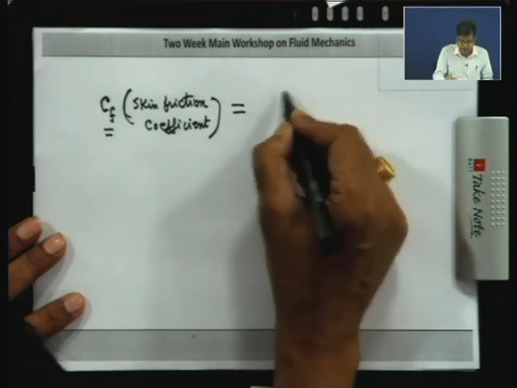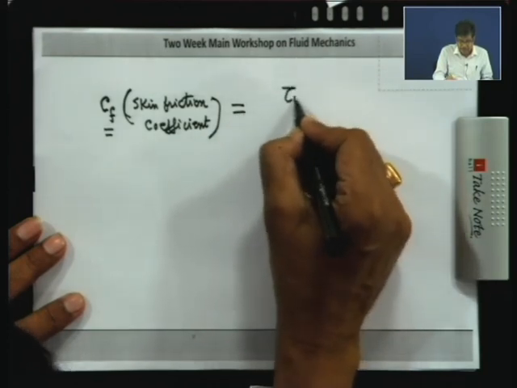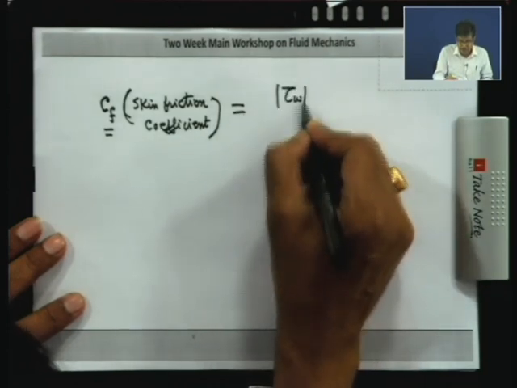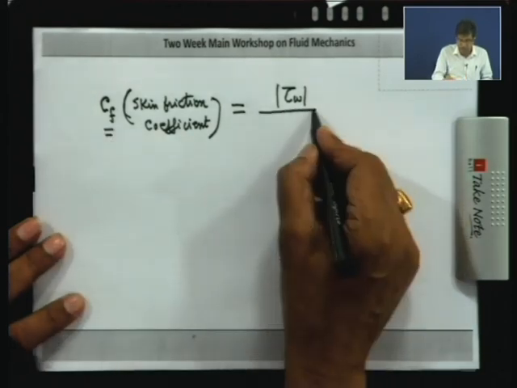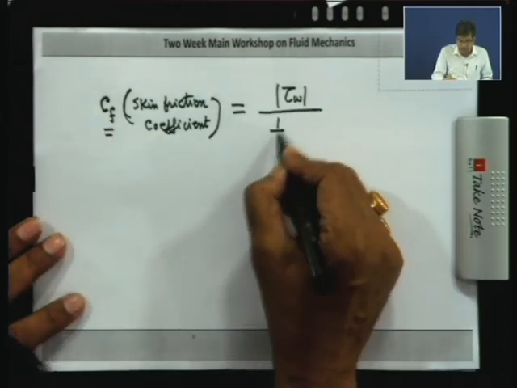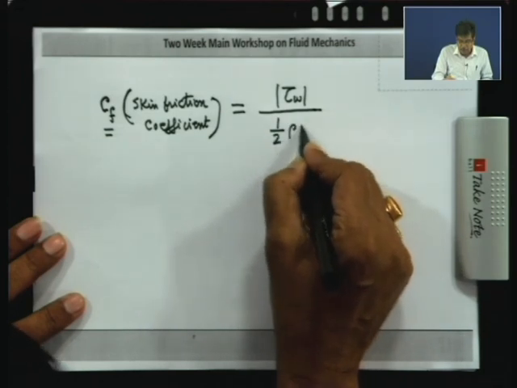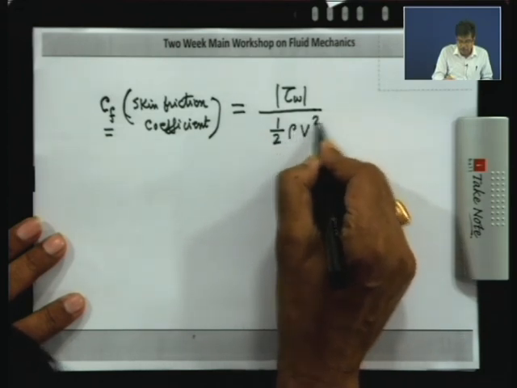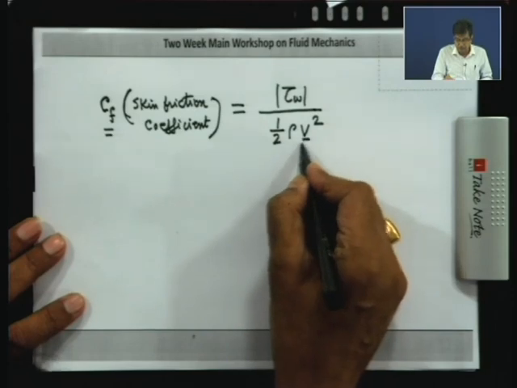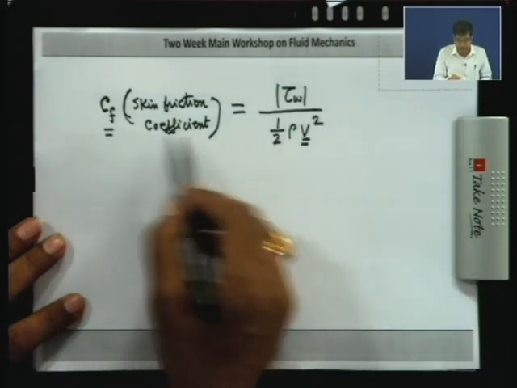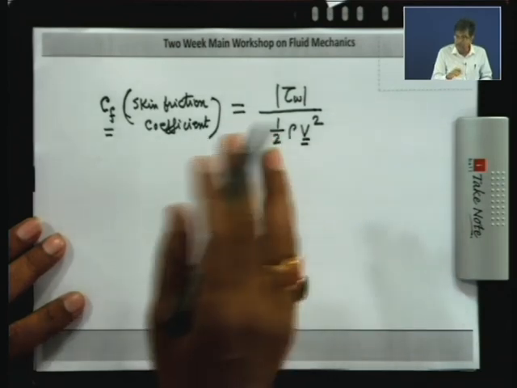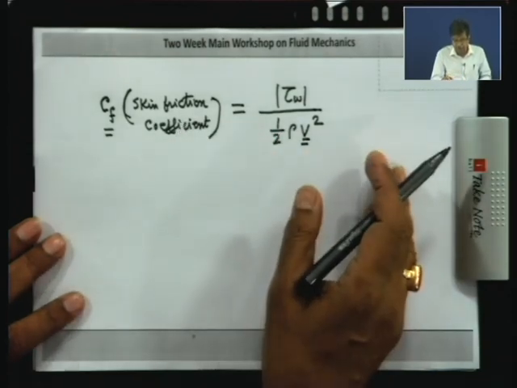This is a very important formula. Shear stress at the wall, the magnitude, I am not bothered about the direction, this is a scalar quantity, divided by half of rho into v square, where v is some reference velocity. This is the basic definition of a skin friction coefficient, either for external flows or for internal flows.